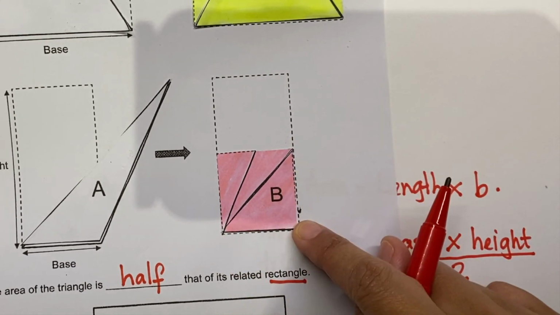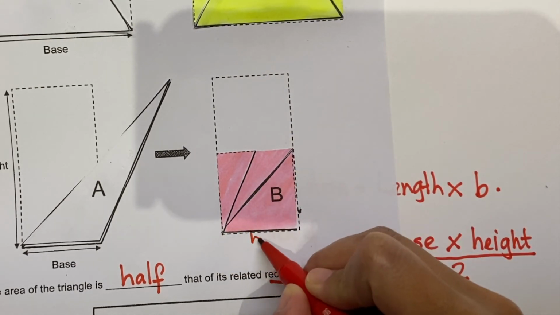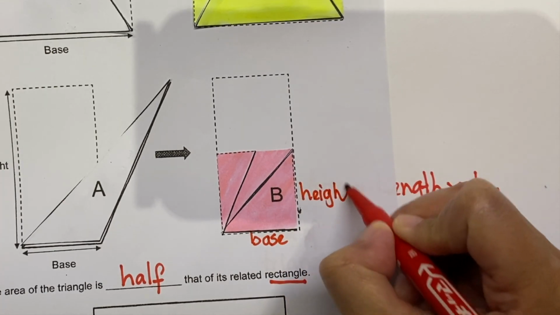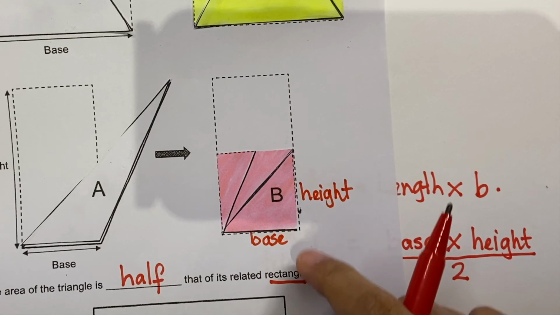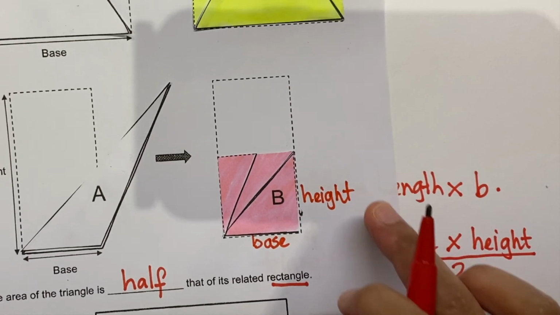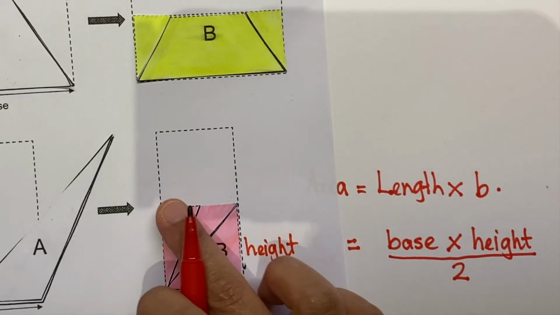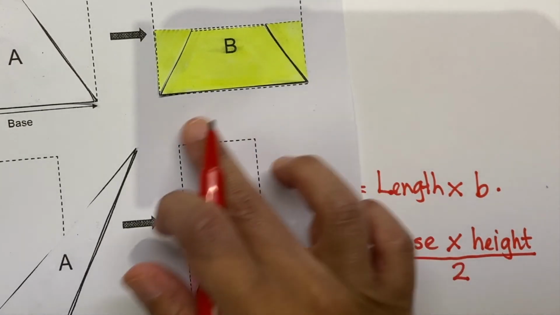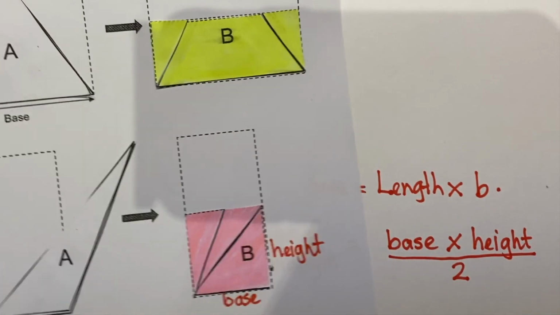So this is the base and this is the height. So base times height divided by 2 because the triangle occupies half the area of the rectangle.